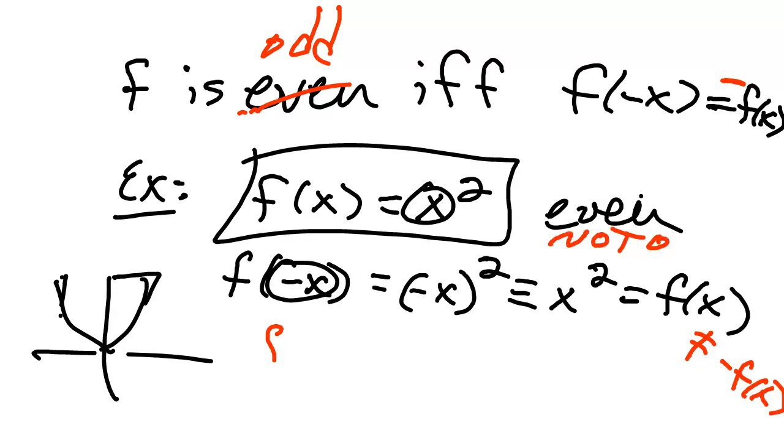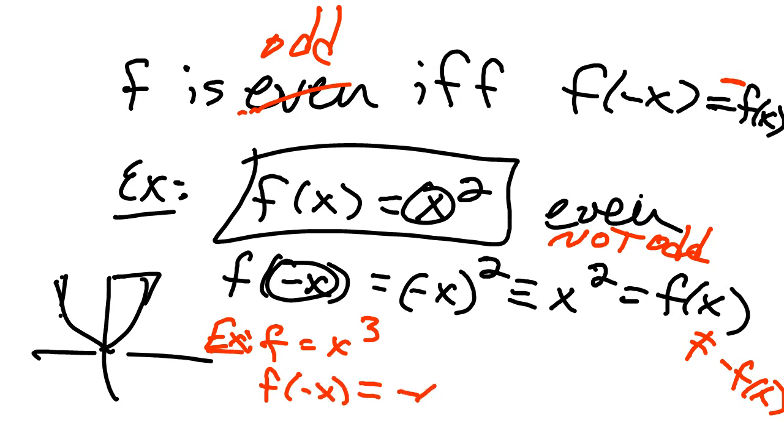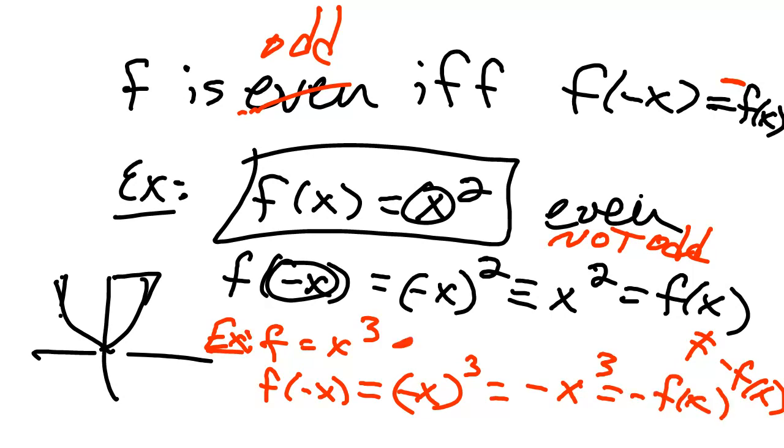But what is an example of something that's odd? Like y equals x cubed. So if f of x equals x cubed, what's f of minus x? Well, it's minus x quantity cubed, which is minus x cubed, which is the opposite of f of x. So this would be an odd function.